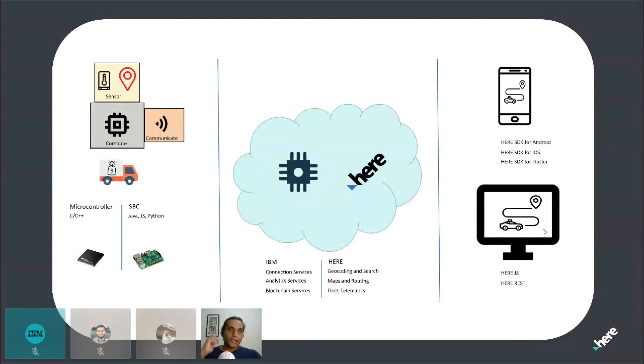Now, if you want to create an IoT device, you would want to embed 3 capabilities in it. One, a computer, which is the brain of your IoT device. An IoT device is, as an analogy, like a human body. IoT devices have sensors, and sensors collect data, like temperature.